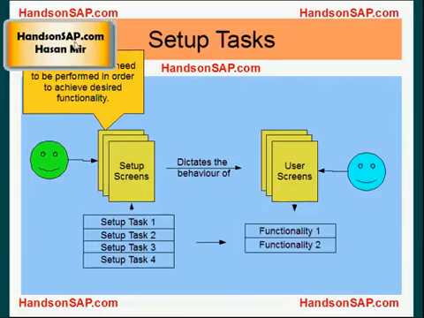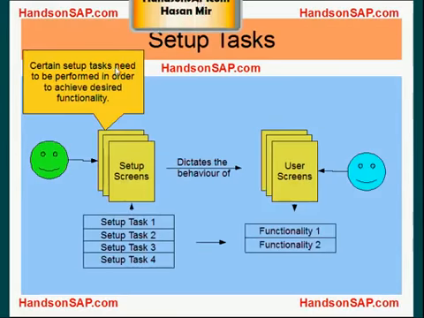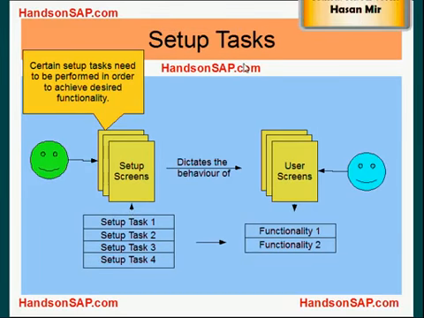Now, certain tasks need to be performed in order to achieve the desired functionality, and that's what you do in the setup screen. So when you say you are configuring the system, that actually means you're performing certain tasks. Okay, for example, here you're performing these 4 tasks because after performing these 4 setup tasks, you will achieve certain functionality, and this functionality is needed by the business in order to run its day-to-day business.